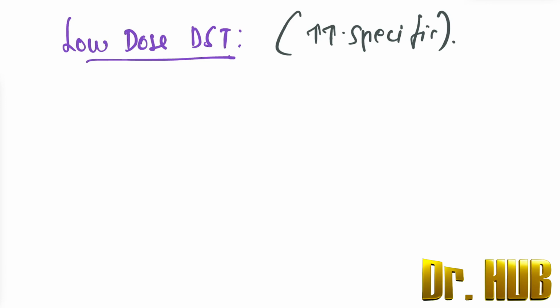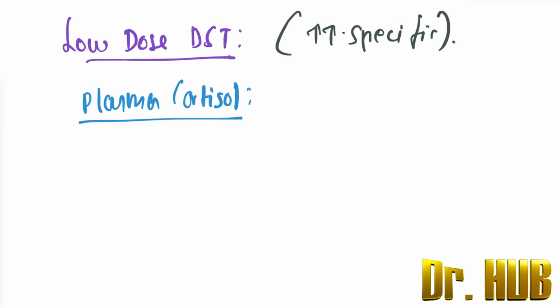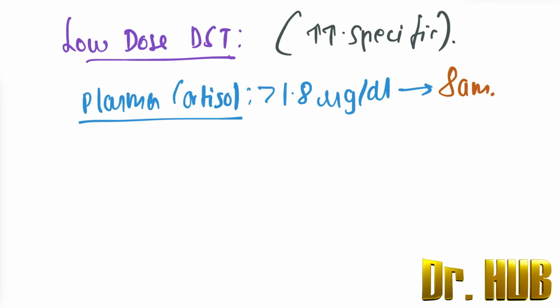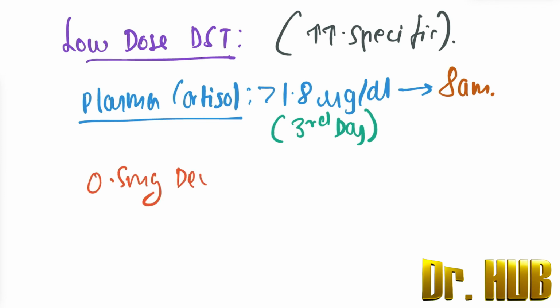The plasma cortisol here is greater than 1.8 microgram per dl at 8 am on the third day, after giving 0.5 mg dexamethasone every 6 hours for 2 days.